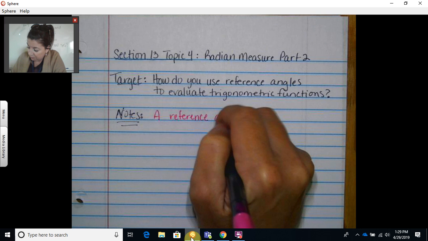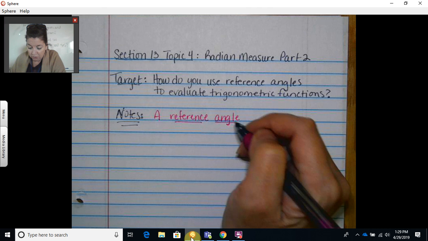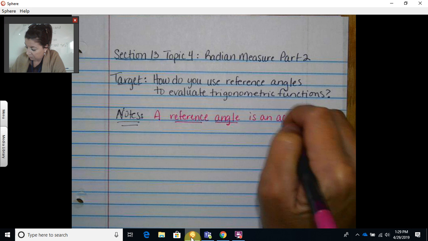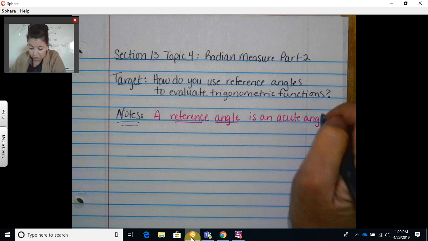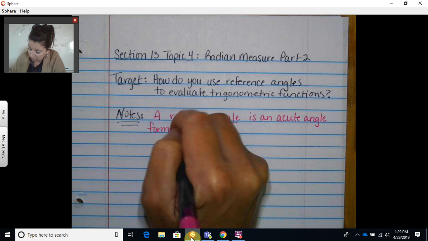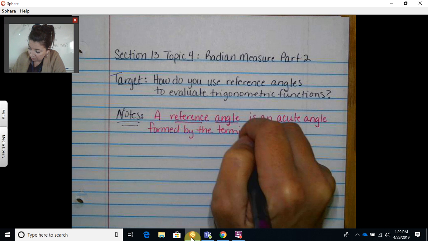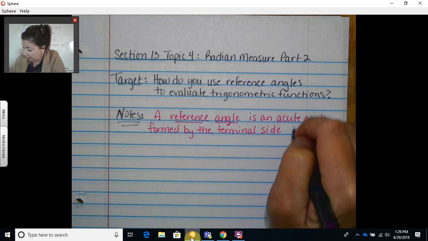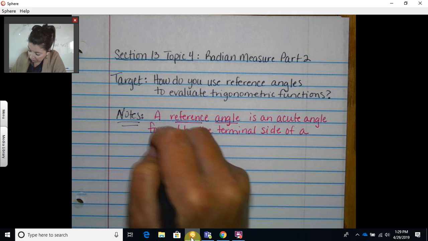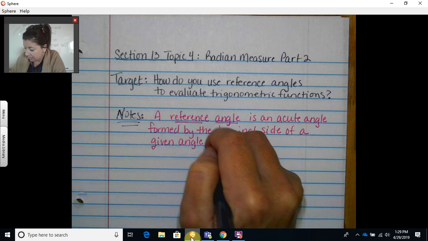is an acute angle formed by the terminal side of a given angle and the x-axis.